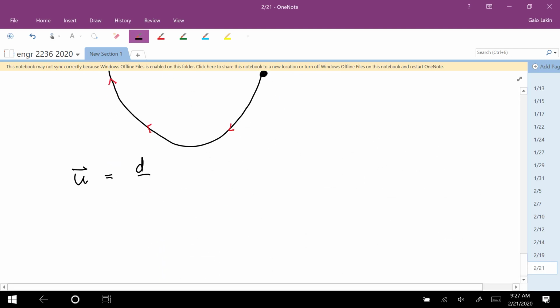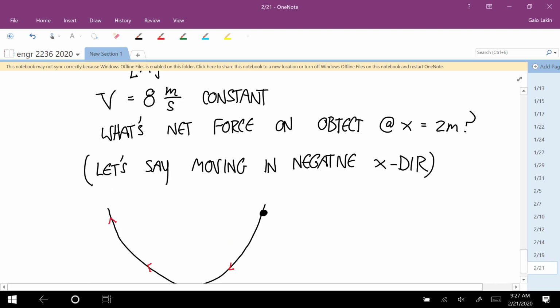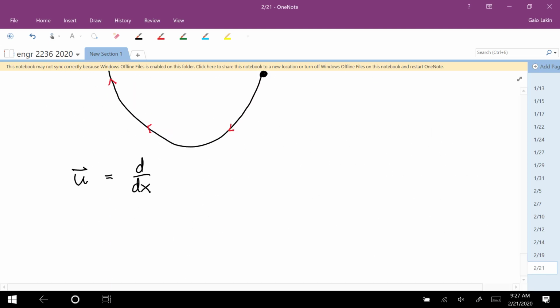So I'm going to go d dx of x squared. That would give us a vector tangent to the path in the direction of increasing x.